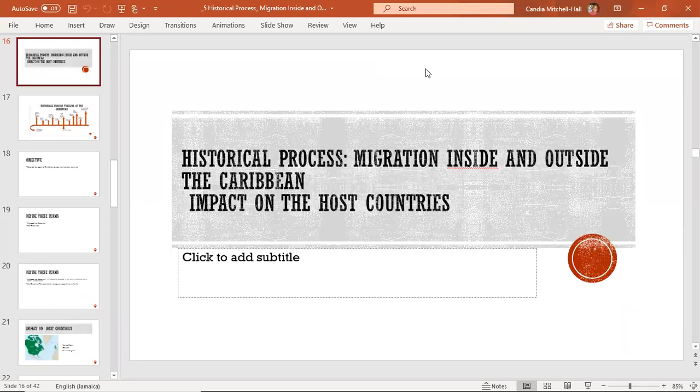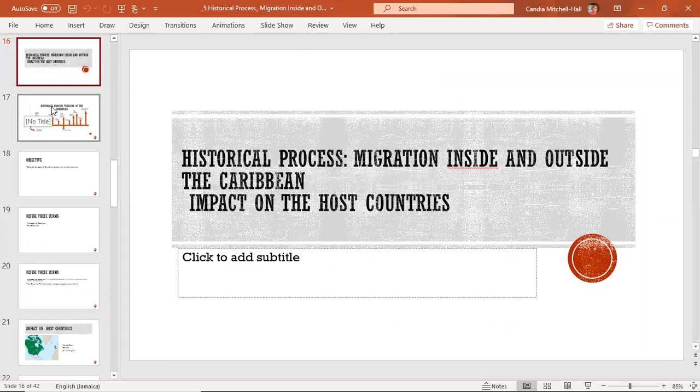Sir, was it from countries like Jamaica and Barbados to Panama with the building of the canal and the railway? Yes, very correct. So from the British West Indies to Panama, first to build the railway and the next time they went was to build the canal. Excellent. So we know for sure that we have been a migratory people.